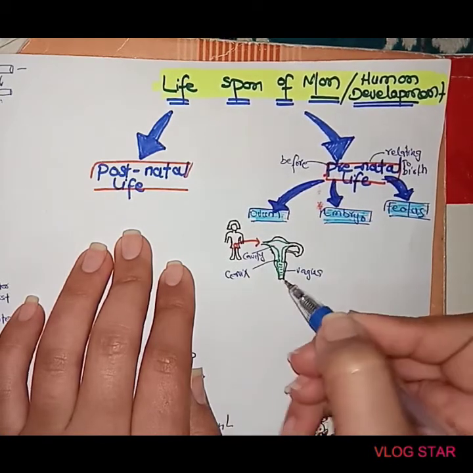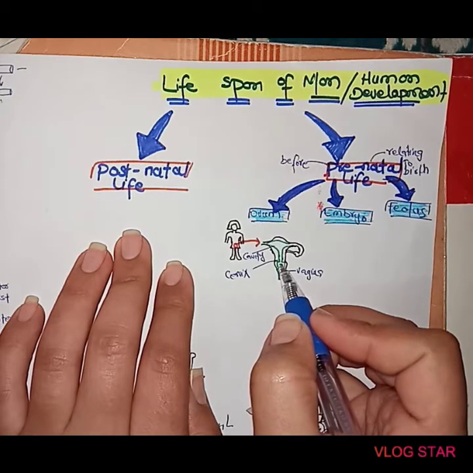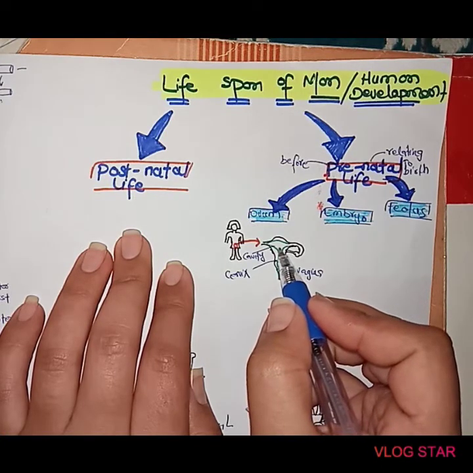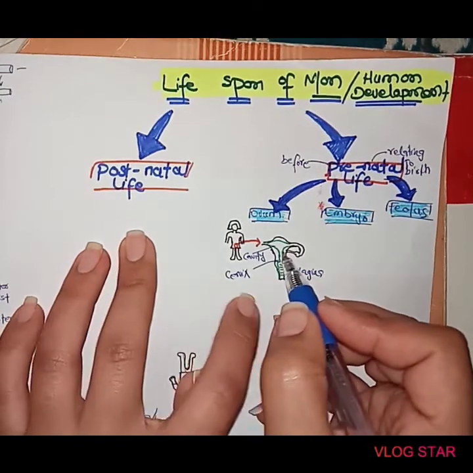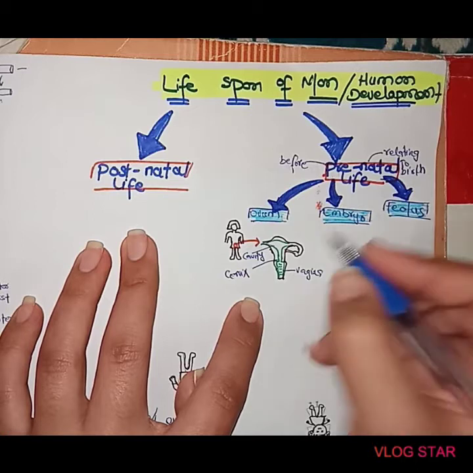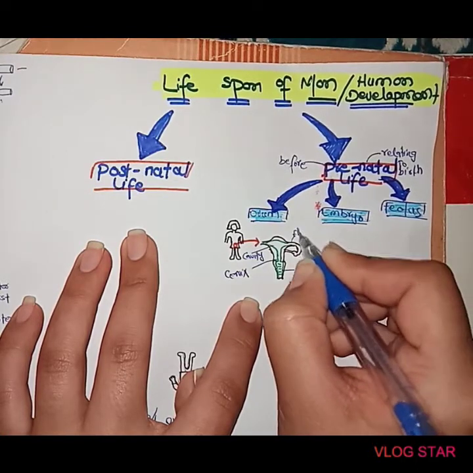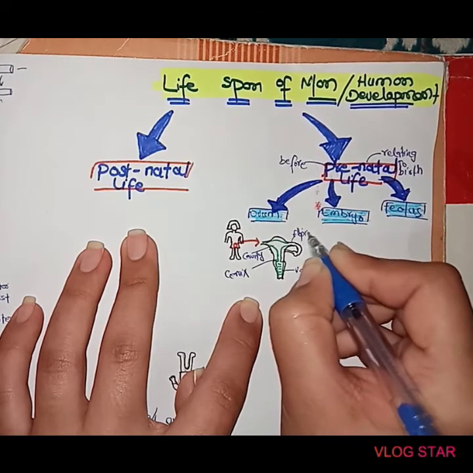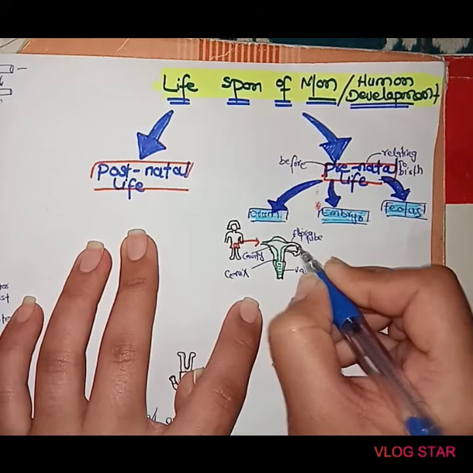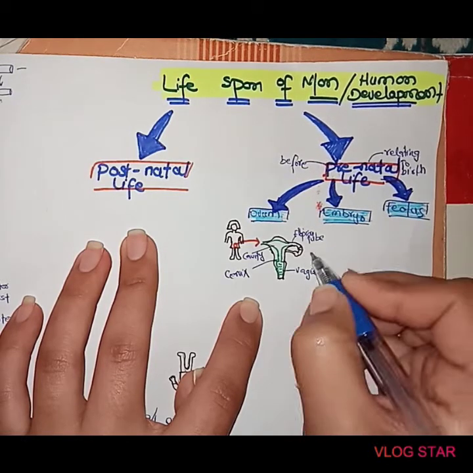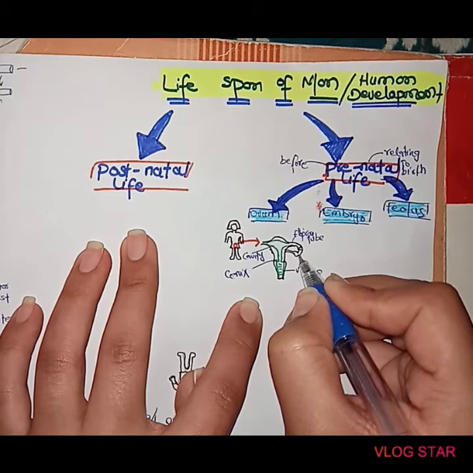So when the sperm enter into the vagina, they pass through the cervix and enter into the uterine cavity, and then the sperm enter into the fallopian tube. Here the oocyte, or the egg, is present. The sperm came and entered into the oocyte.